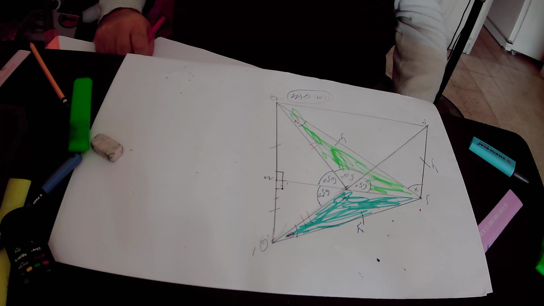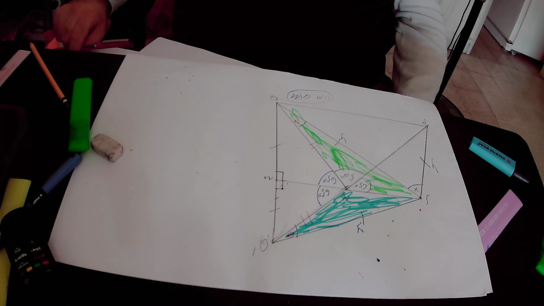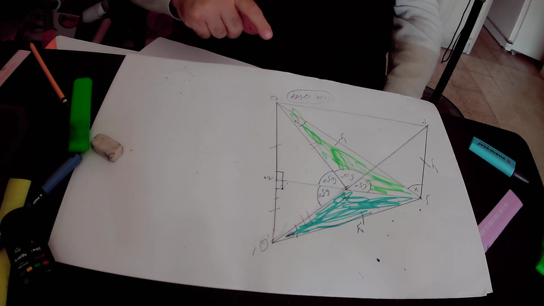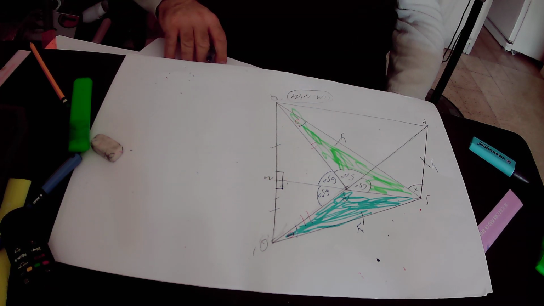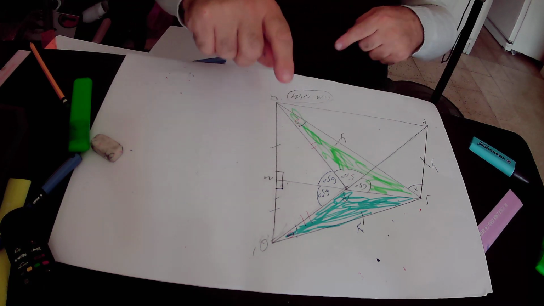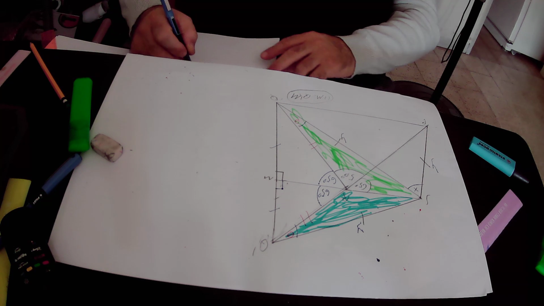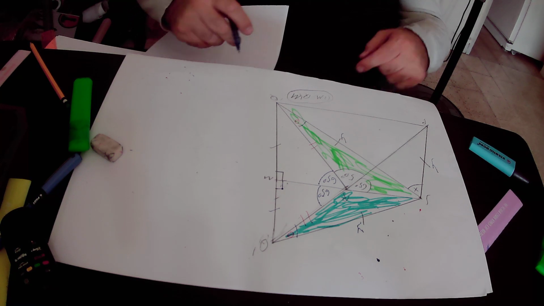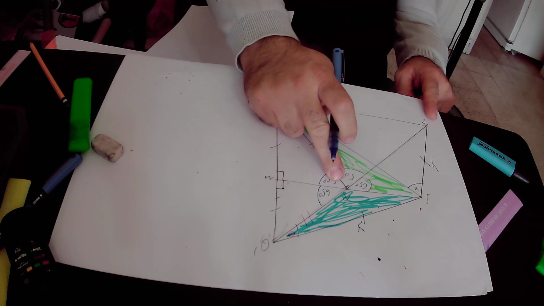So in the next step, we will prove that line segment PQ dash S is a straight line. First of all, what is PR?